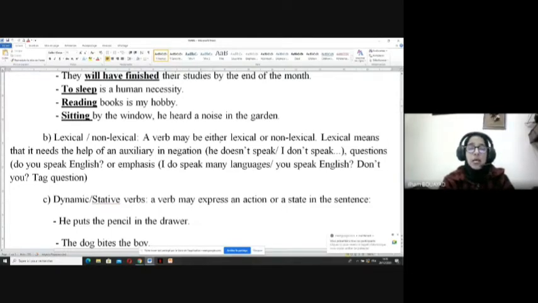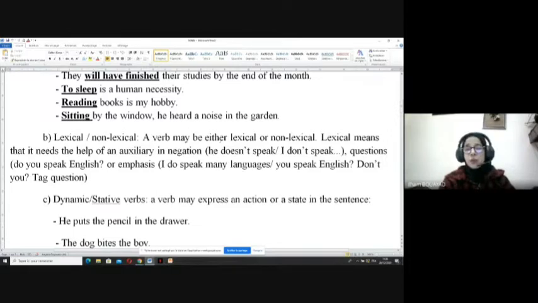All these are non-lexical because they don't need the help of another auxiliary. When I say, I am a teacher, and I want to make a question, I would say, are you a teacher? So I need just the inversion of the verb and the subject.